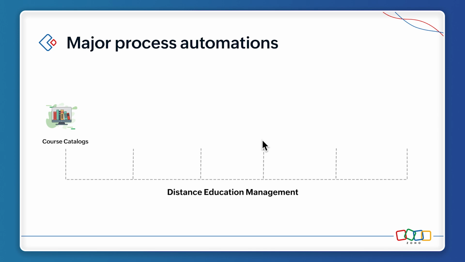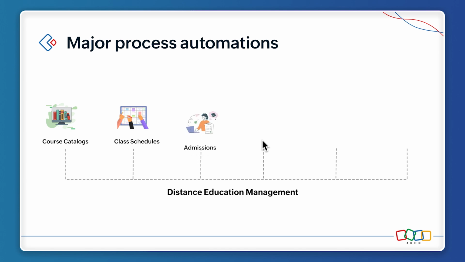That is, what are the courses that I am going to provide to the students in this distance education. What is going to be the duration, who can apply for this course, all these details will be grouped in this course catalog. Once the course catalog is created, then we have to schedule the classes for the students to attend. These classes can either be online or offline, depending upon the courses that we are going to provide to the students.